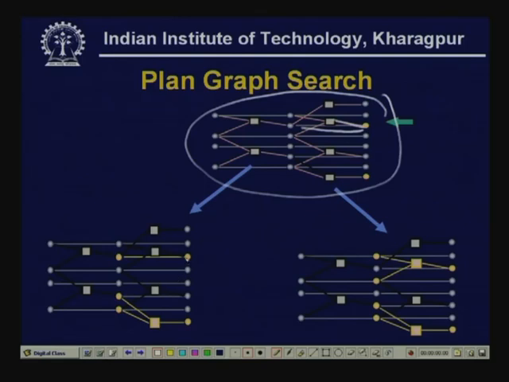In this planning graph we have chosen this maintenance action to satisfy this goal, and in both planning graphs we choose this action. In this planning graph we choose this action to satisfy. So, on this side of the search tree we have taken these two actions, and here we have taken only this action.